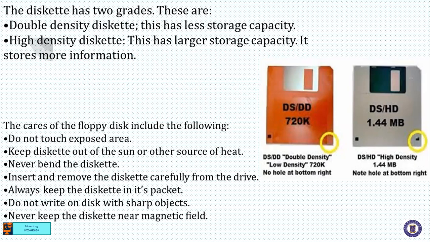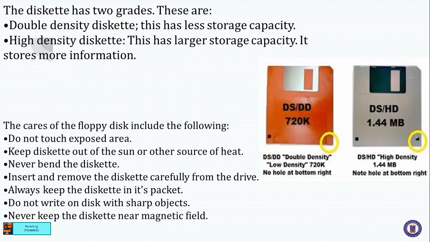So what I am trying to say here is that the 3.5 inches diskette can be a double density diskette or a high density diskette. The same thing with the 5.25 inches diskette. We can also find it in double density or high density.